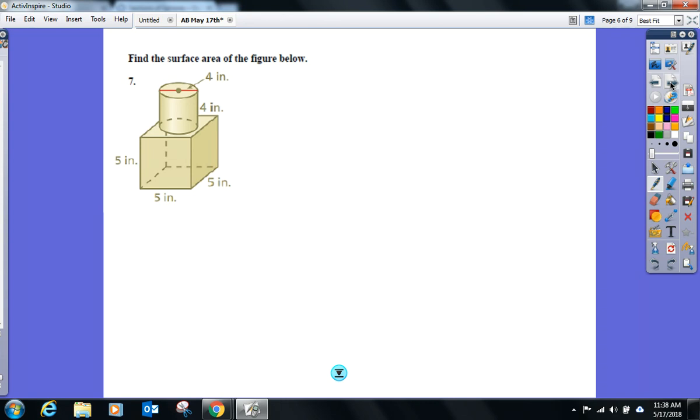Let's do the cylinder first before we go to the cube. Is every single face of the cylinder showing? No. What is being covered up? One of the circular bases. So I cannot count that in my surface area. Watch. So let's do the cylinder first.